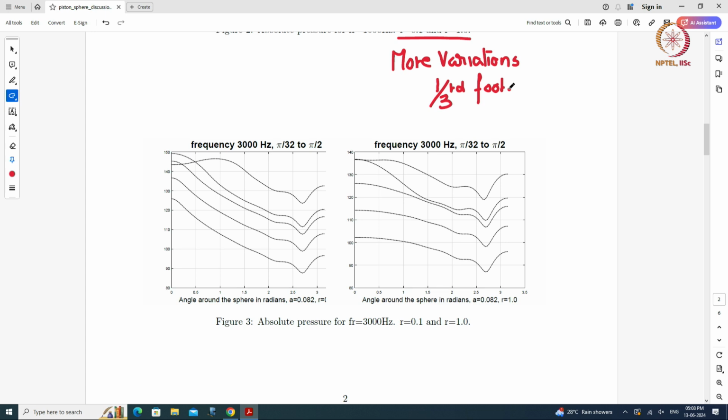As a result of this, just as it happened for the piston in a baffle, different regions of the piston do send out their waves, but because the wavelengths are now short, they interfere with each other, and there will be regions of high and regions of low pressure due to interference.